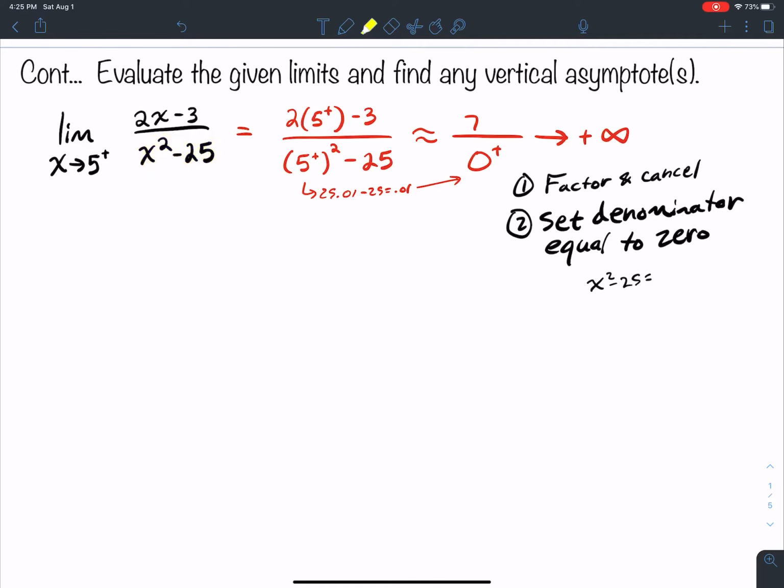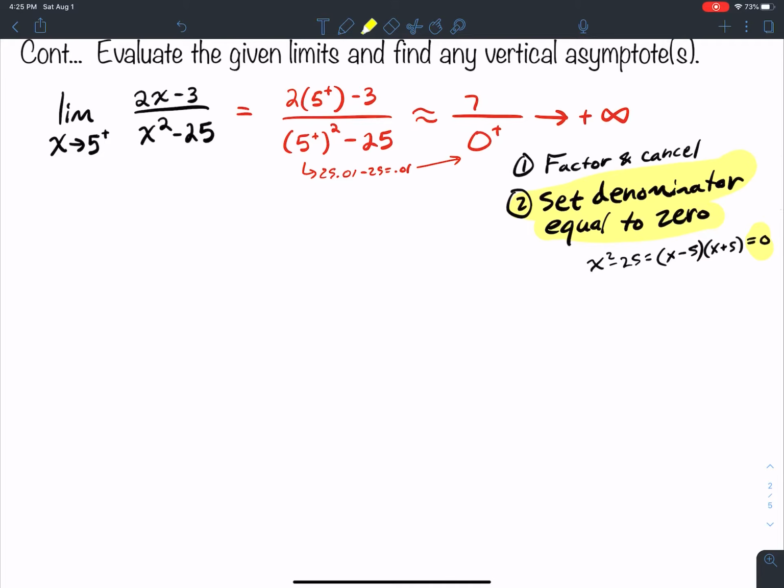What do I notice about x squared minus 25? This is a square. 25 is also a square. Square root of x squared is x. Square root of 25 is 5. So this factors to x minus 5 times x plus 5. And set that equal to 0. That's step 2 after you factor. Set the denominator equal to 0 and then solve for x. And if I solve for x, I get x equal to 5 or x equal to negative 5.